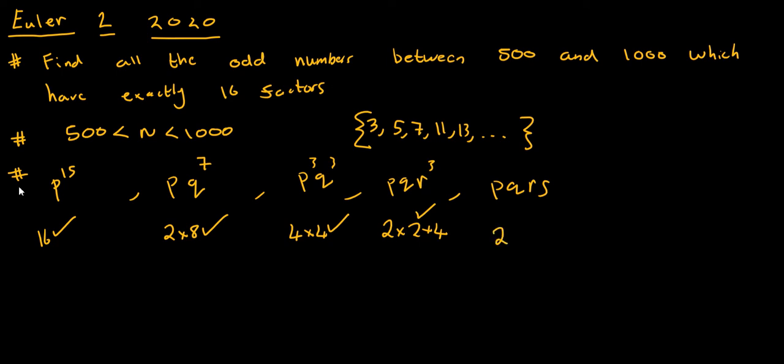And 2 times 2 times 2 times 2 definitely gives 16. So you should be familiar with this property.